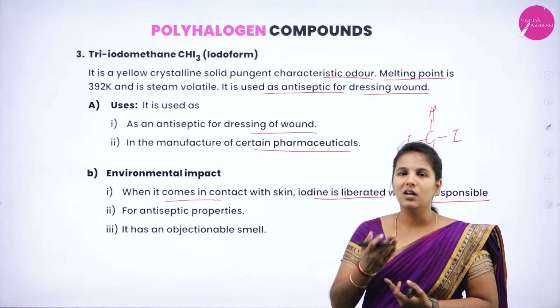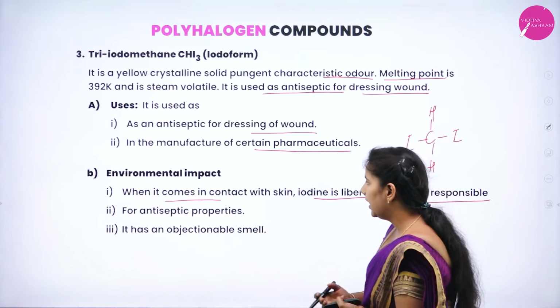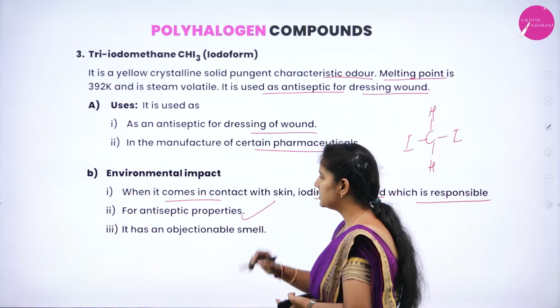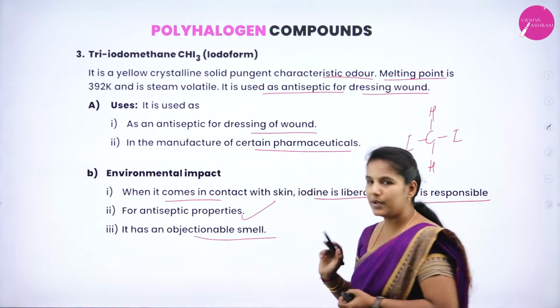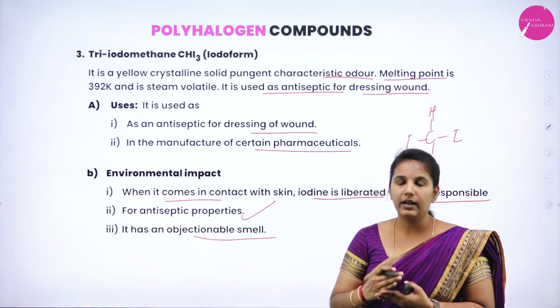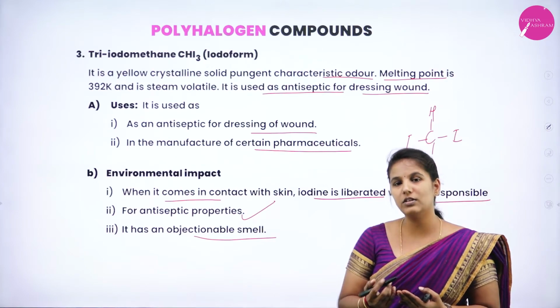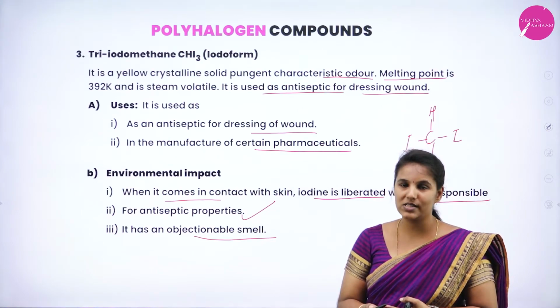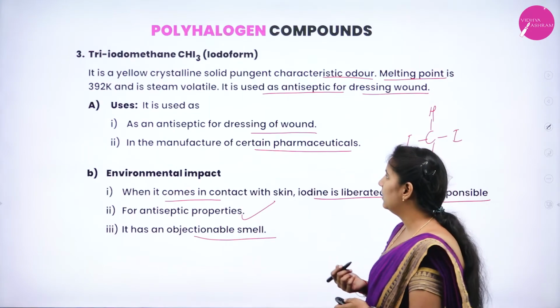It's not good to inhale iodine gas, that is why it's poisonous, and it is used for the antiseptic properties and despite the objectionable smell. As I have told you, it has an objectionable smell, so most people don't like the smell of the iodine which is there in the iodoform, which is poisonous too.